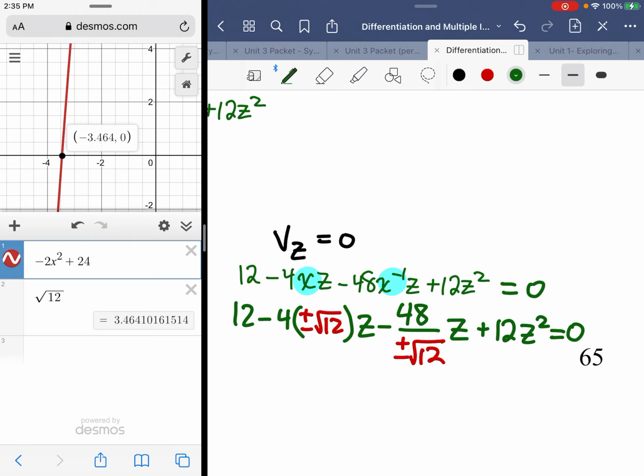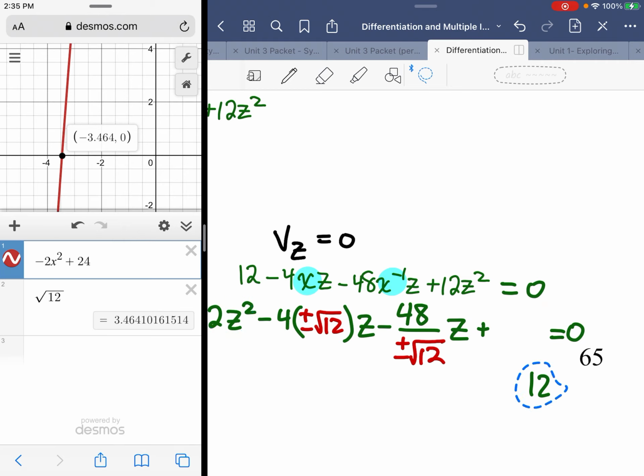All right. Since it's quadratic, I can get it into standard form, or general form, sorry, for a quadratic. I have these two terms in the middle that make things a little dicey, but I can just maneuver things around. And really, in the end, it just amounts to swapping this term with this term.